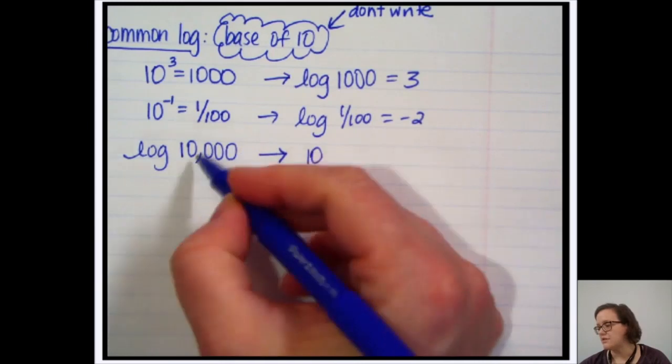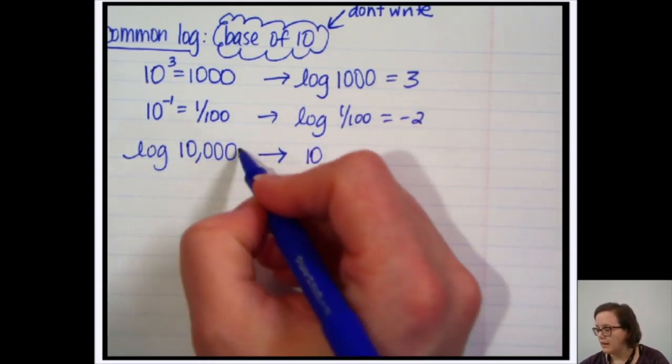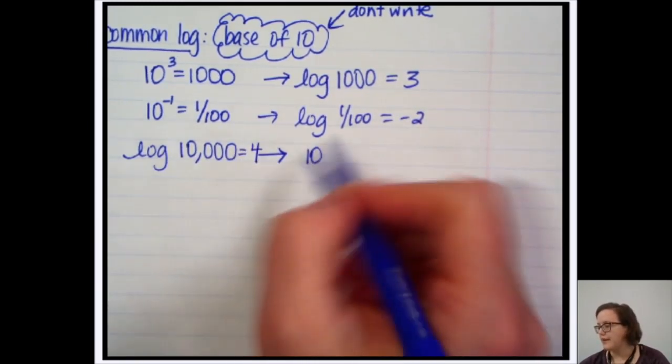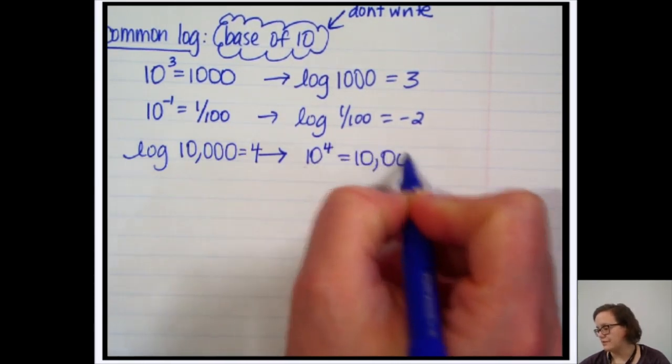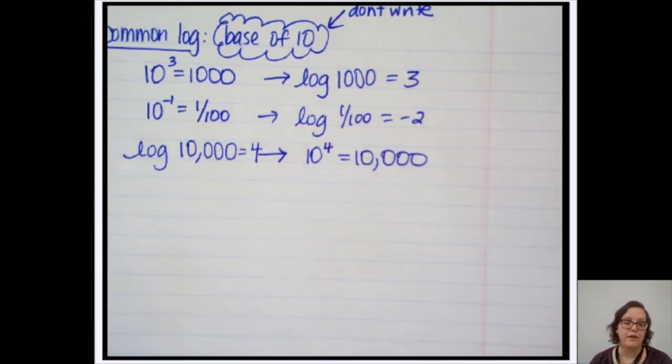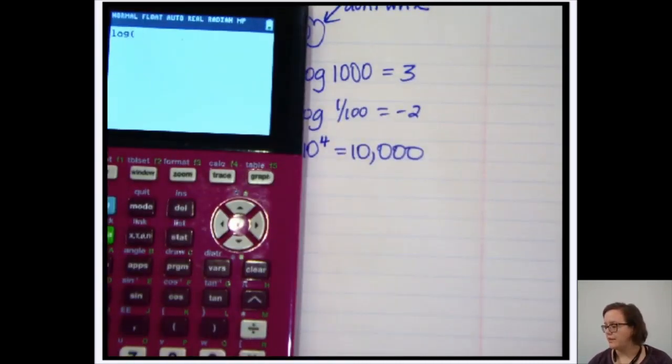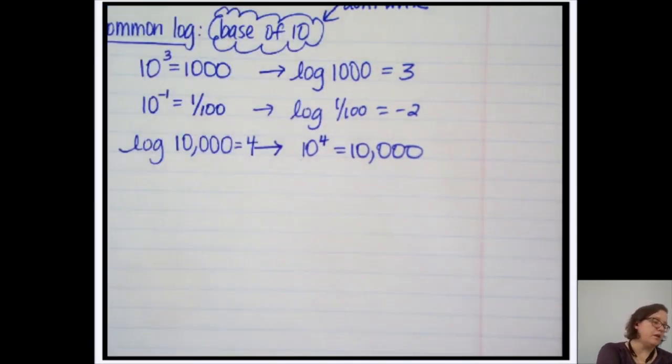So 10 to the fourth is equal to 10,000. And if you want to check in your calculator, go ahead and try that right now. Push log and then 10,000. We should get 4. So that's what the log button is. It's a base of 10.